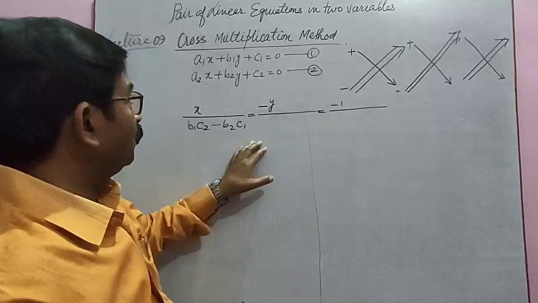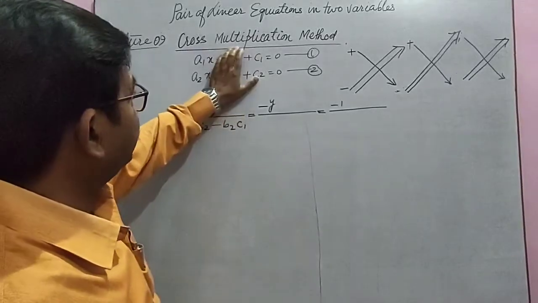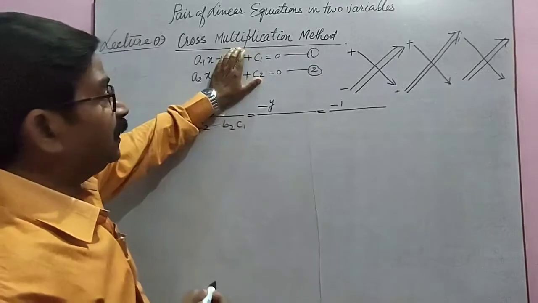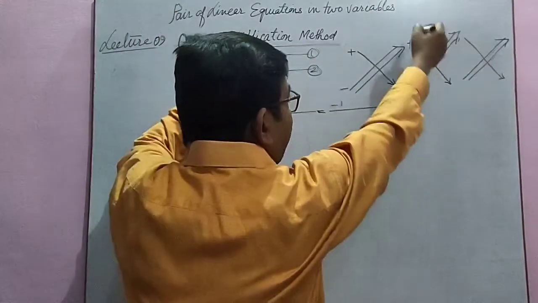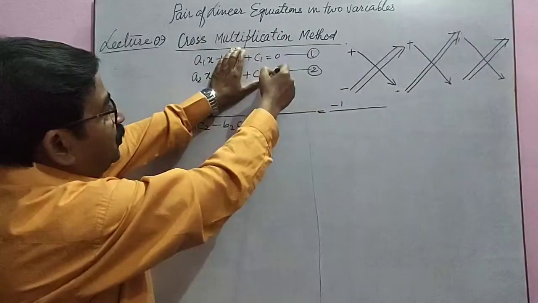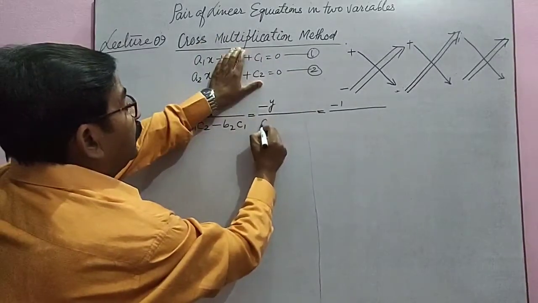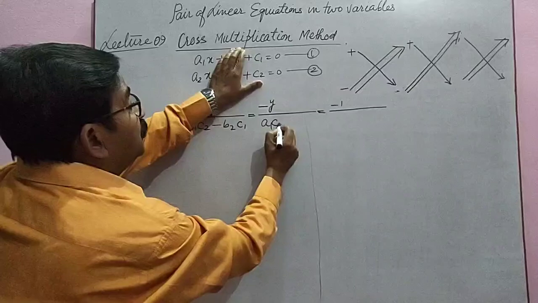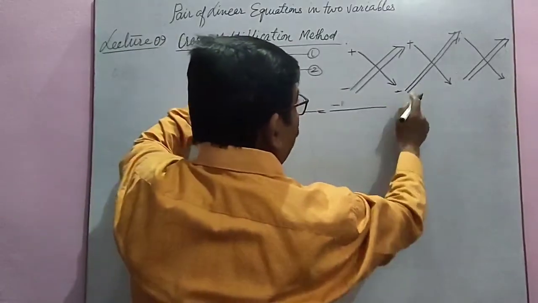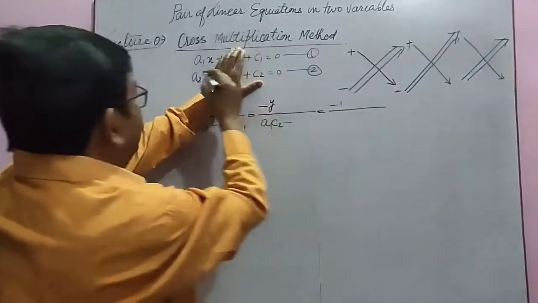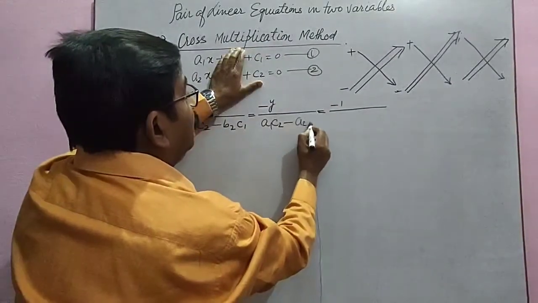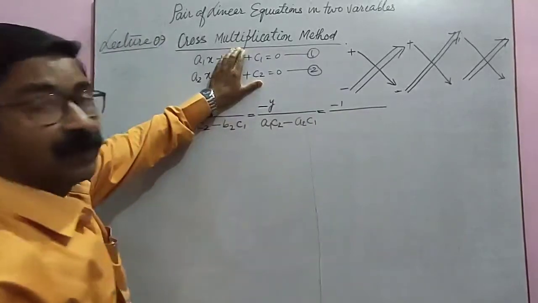For y, when you are going to write for y, hide the y and again multiply top to bottom, and top to bottom is positive. Here we write a1 c2, minus bottom to top which is negative, a2 c1.